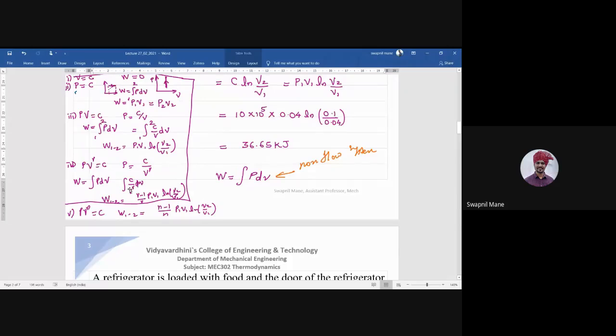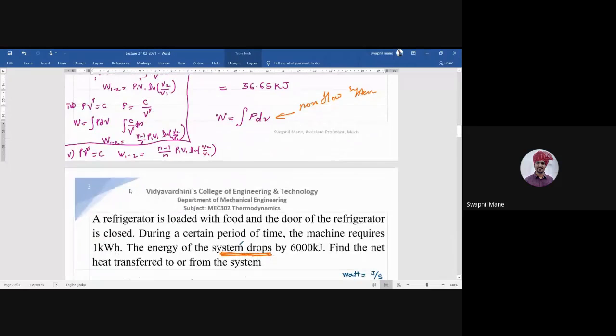So this you remember, we have solved, try to find out the relation between pressure and volume for the given question whenever numericals are asked.